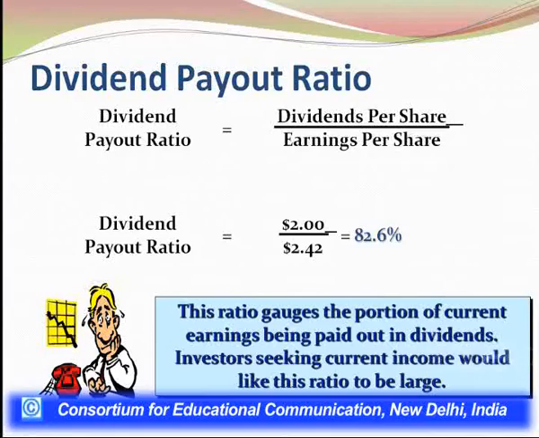There are many models to discuss that, which I am excluding, as this is not in the ambit of the topic under study. So we are just saying that this company has been paying a good percentage of earnings per share, because it is distributing 82.6% of the earnings made by shareholders in the form of dividend, right?